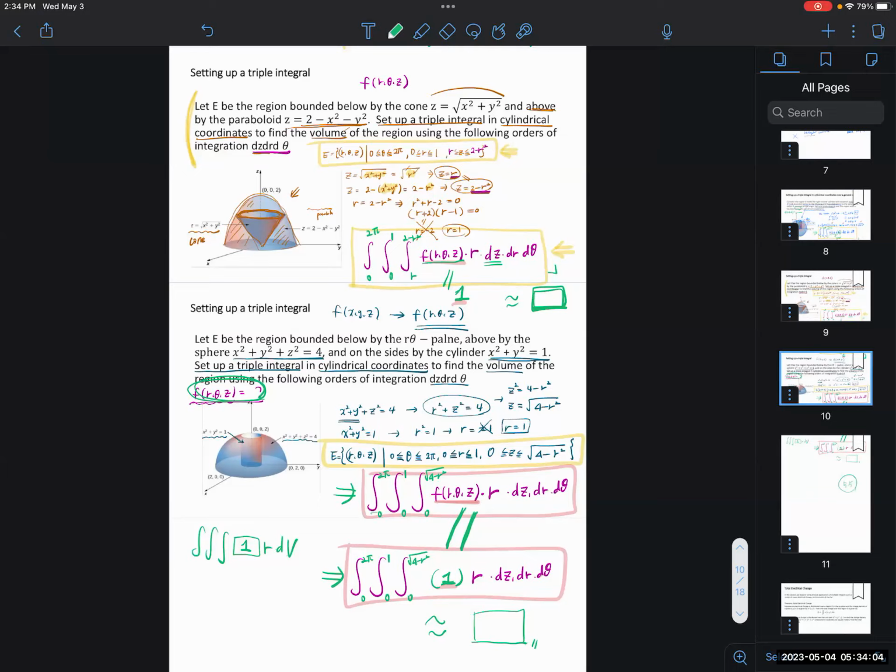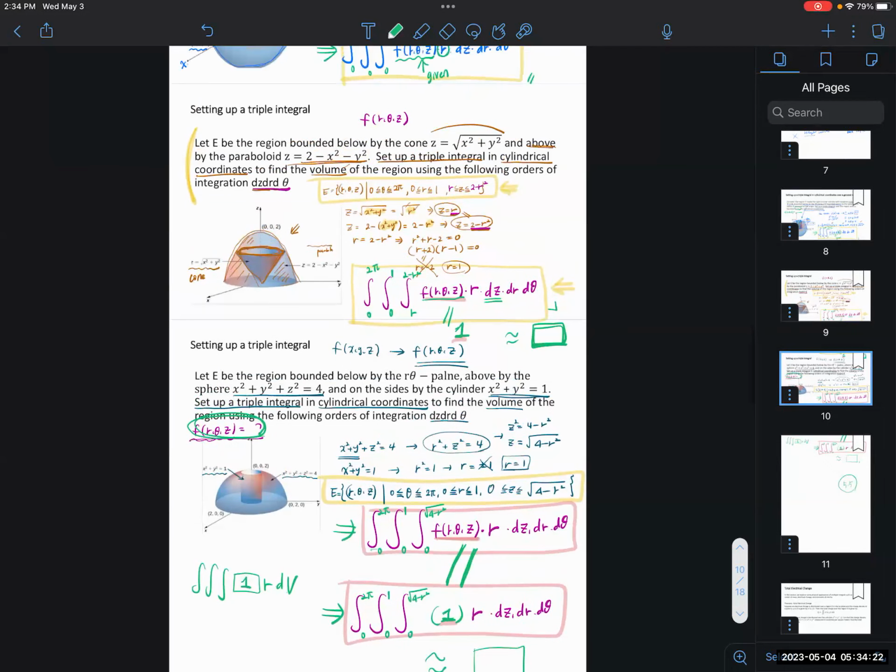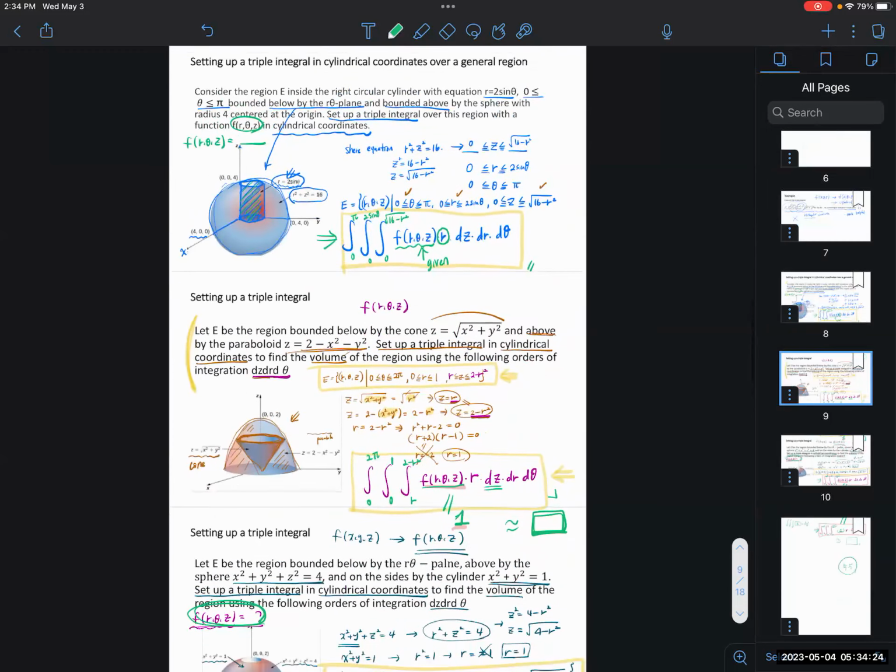I don't think we're going to move on to 5.6 today. 5.6 is the same thing from calculus 2, how to find the center of mass and moment, but I will talk about it in 3-dimensional space in the next video. But 5.5, I think we conquered everything.